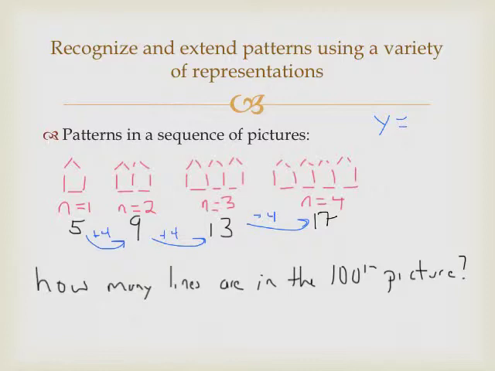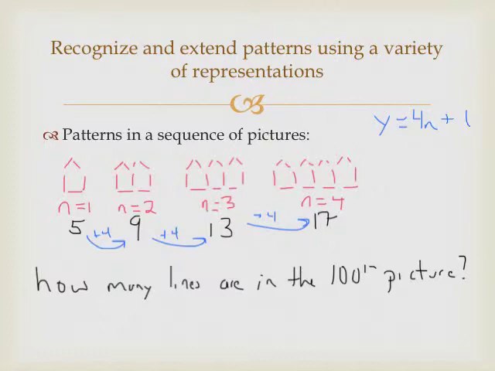So I see here that these all go up by 4, so I could write this to be 4n. So I get 4 times the number it is in the sequence. And then I need to look and see where I'm starting. So if I'm starting with n equals 1, and that should be a 5, if n equals 1, this is only 4, so I'm going to tack on a 1. So y equals 4n plus 1.